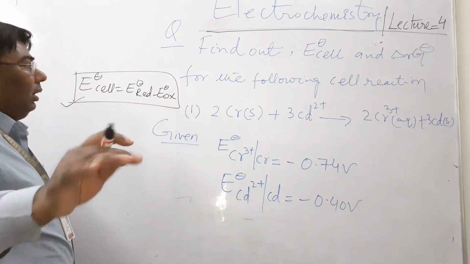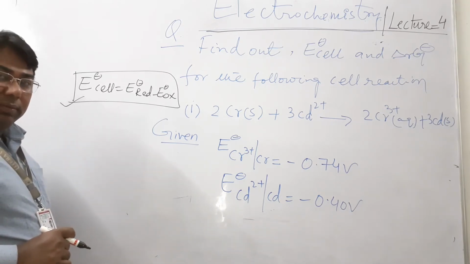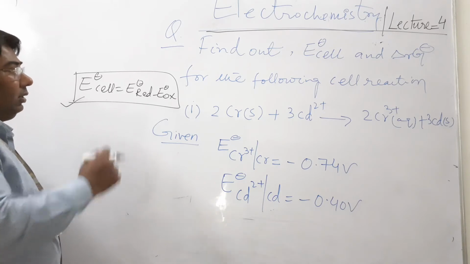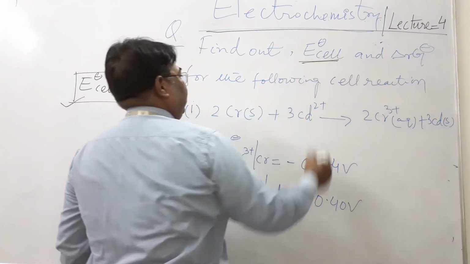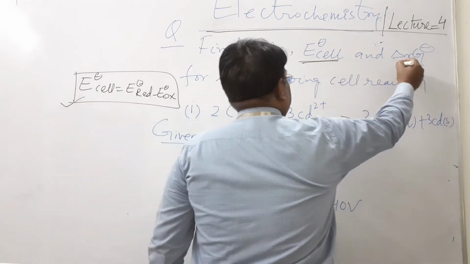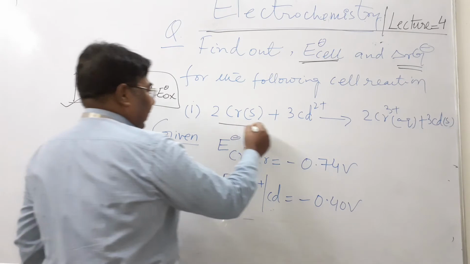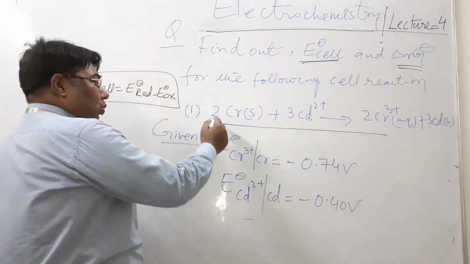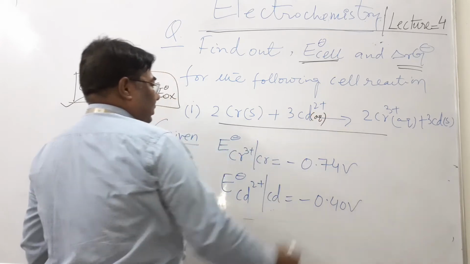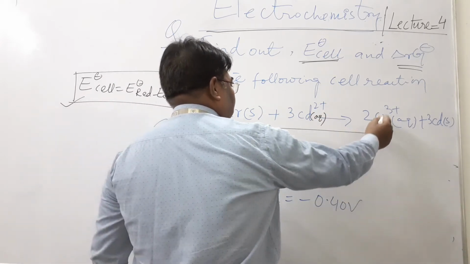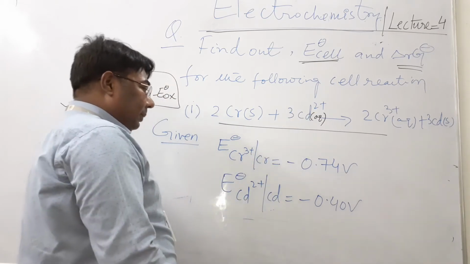Okay. Now today we start with our numericals. In the given question, find out the standard cell potential and Gibbs free energy for the following cell reaction. This is the cell reaction: 2Cr solid plus 3Cd2+ aqueous gives 2Cr3+ aqueous plus 3Cd.